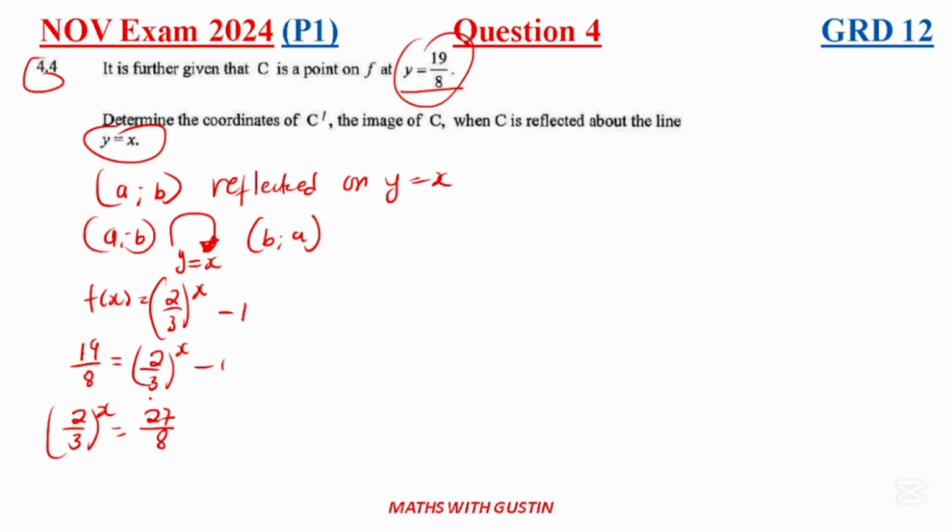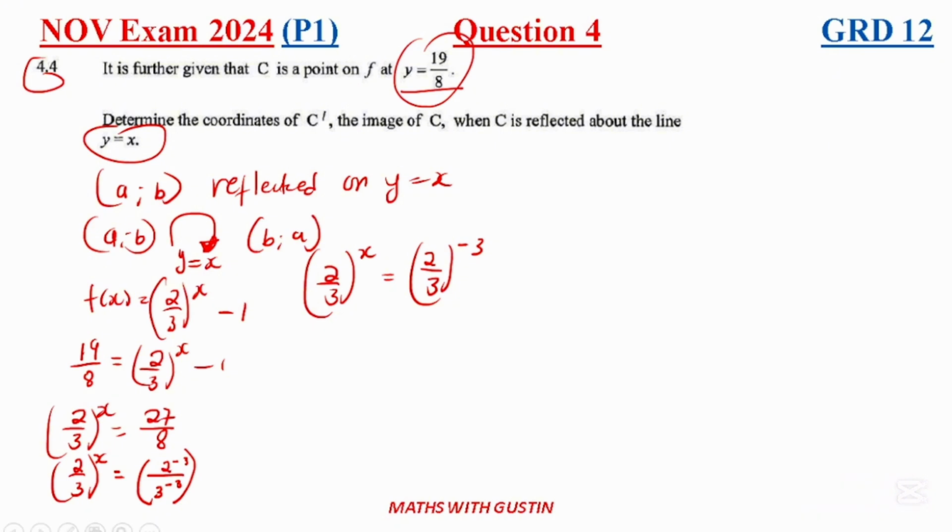We need to simplify further. In order for us to have the same base, 27 over 8 is going to be 3 to the power of 3 over 2 to the power of 3. Now, (2 over 3) to the power of x can also be rewritten as (2 to the power of 3) all to the minus 3.